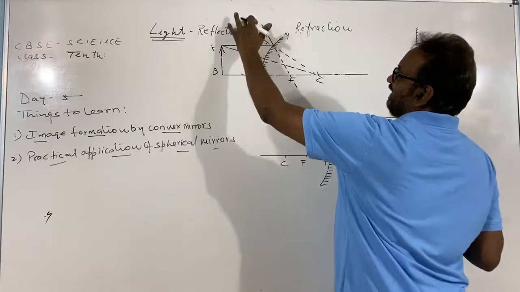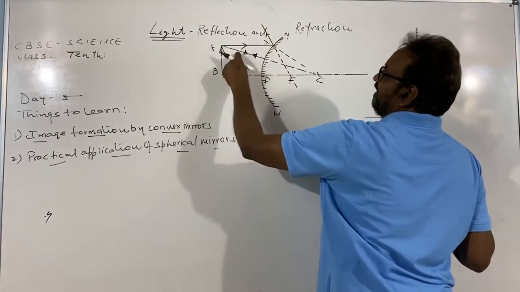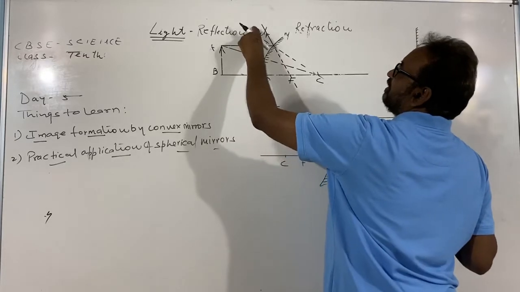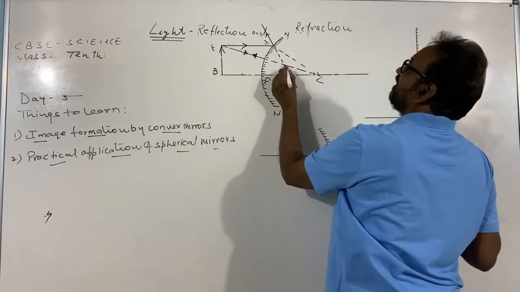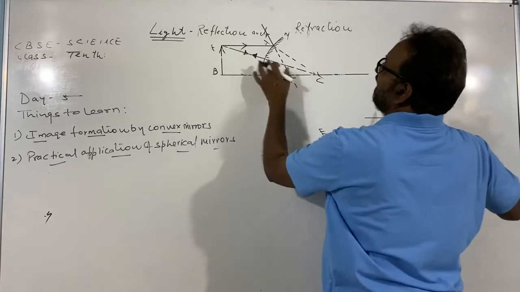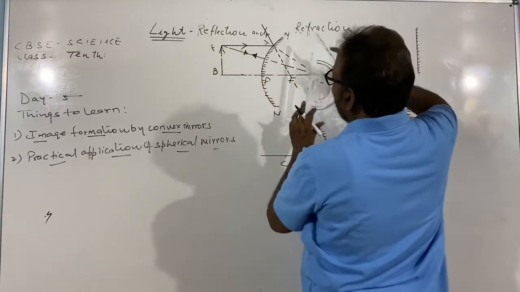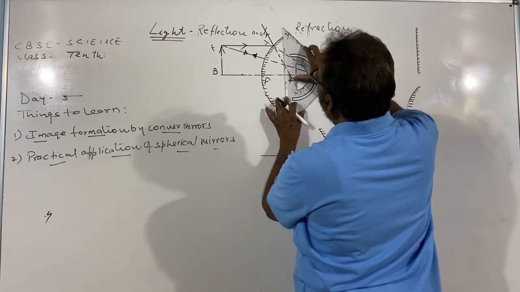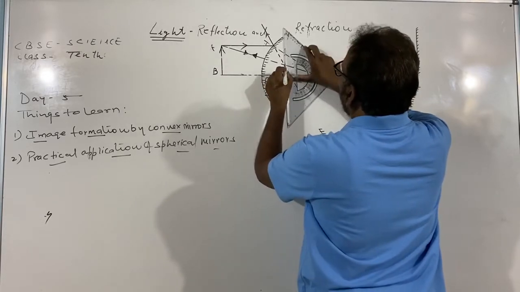Now to the eyes, these reflected rays, this one and this, appear to be diverging from a point behind the mirror. And this point is the image of the object.